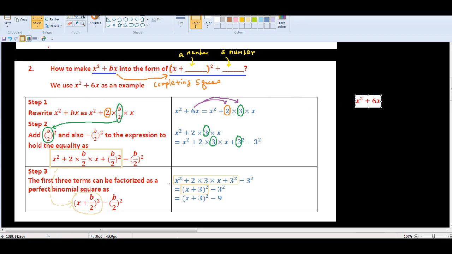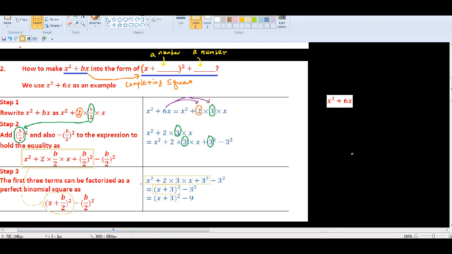We use x squared plus 6x as one example. First, we rewrite that 6x as 2 times 3 times x. Then, based on that 3 you created, you add 3 squared, and then you take it away, because you need to keep that equal sign valid.